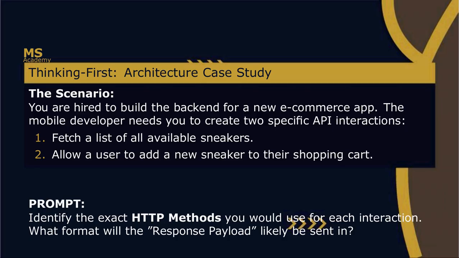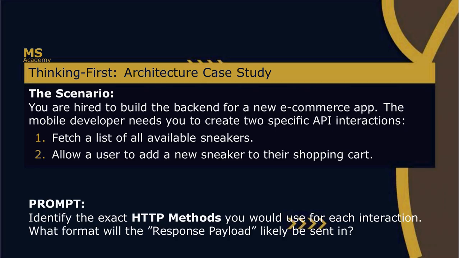Now you just need to do the back end of that e-commerce app, all the clicks and the response. That's the back end, all the storage, the back engine. So the mobile developer needs you to create two specific API interactions.